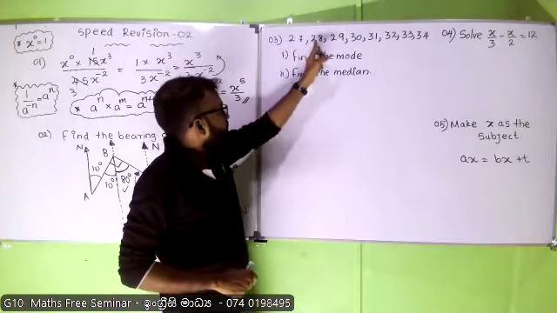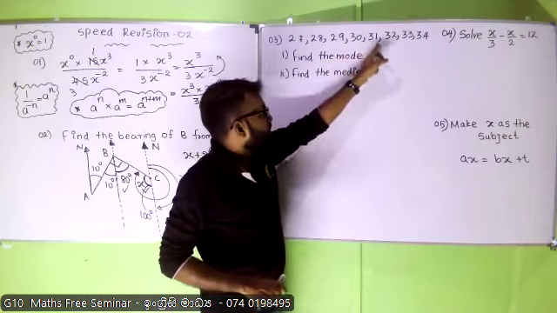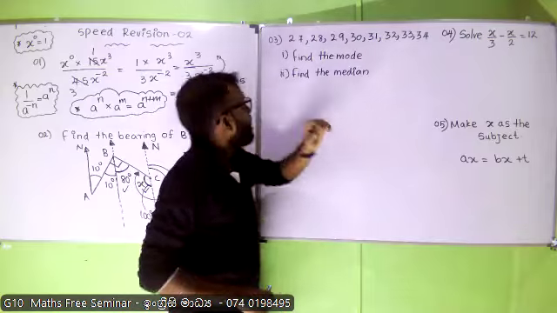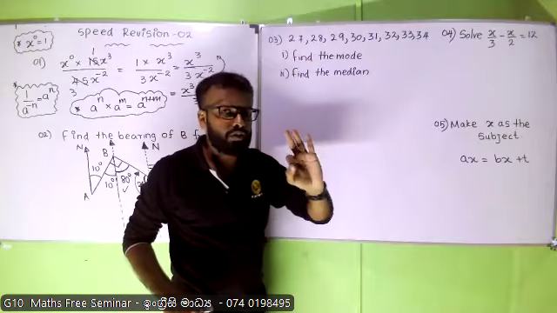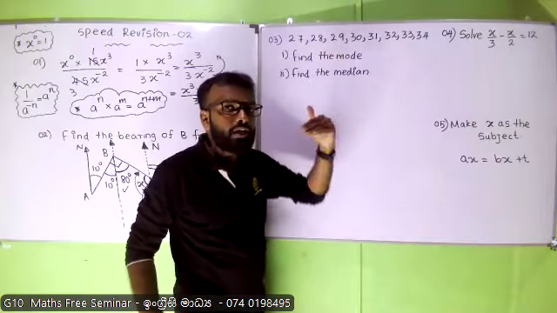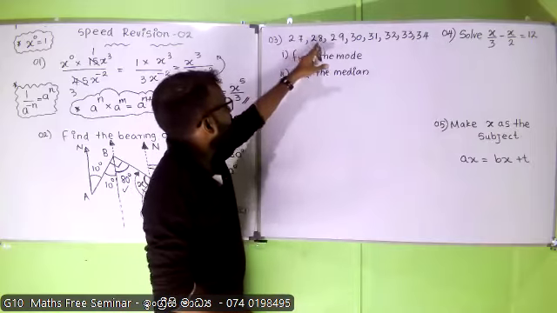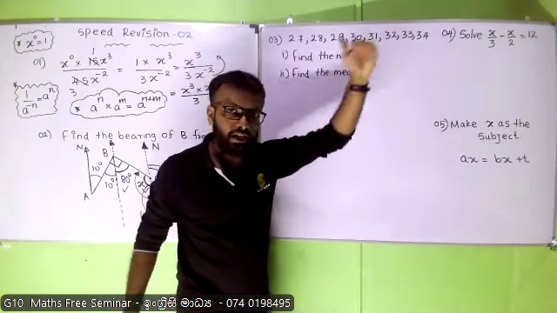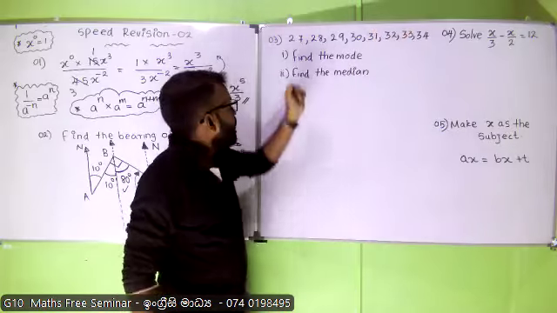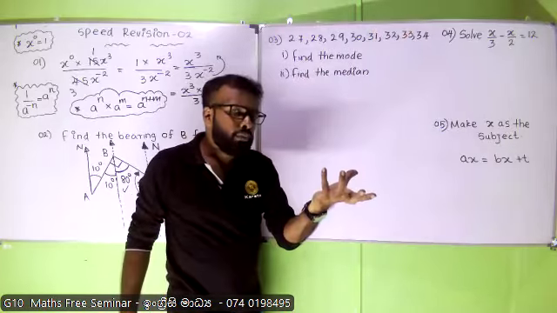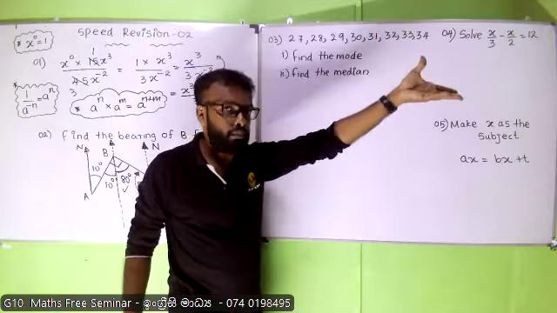Third one: 27, 28, 29, 30, 31, 32, 33, 34. Now, first of all, you need to check whether this data distribution is written in ascending order or descending order. Check that: 27, and so on. Yes, ascending order. Find the mode. Mode means the most repeated number.